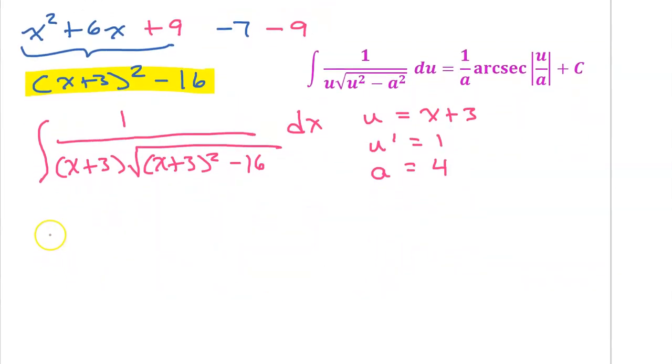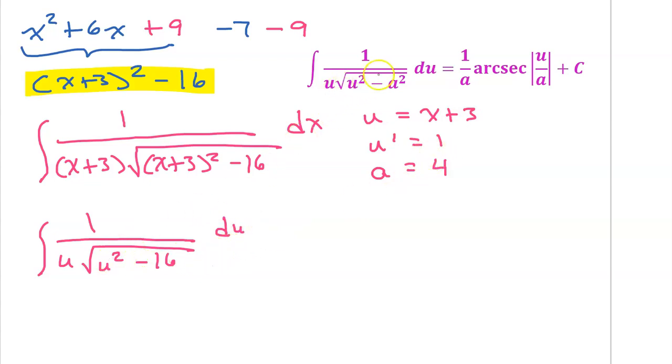If we do that substitution, we get the integral of 1 over u times the square root of u squared minus 16. Instead of dx, we write du over u prime, but u prime is 1, so that's just du.